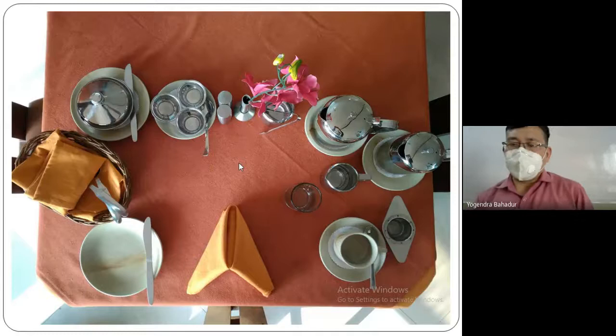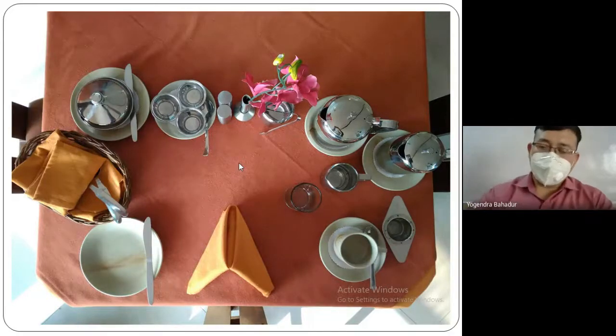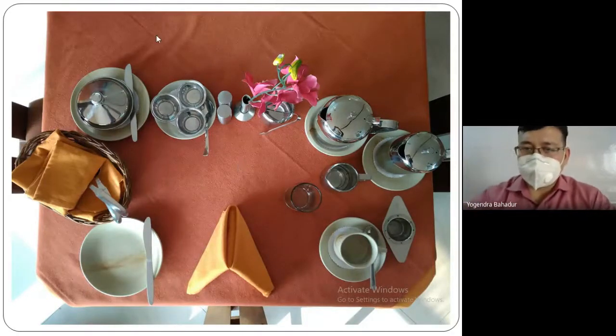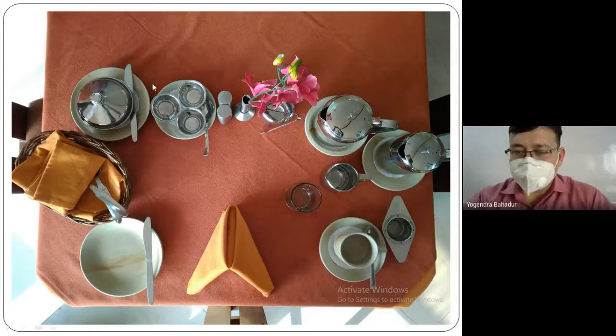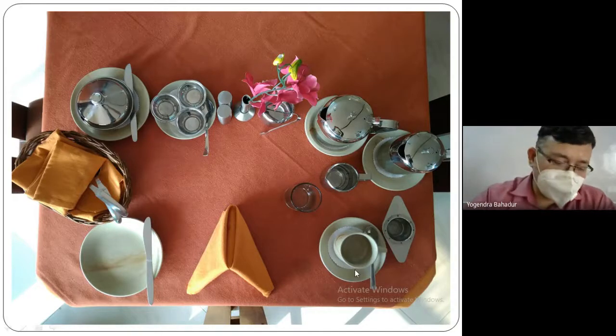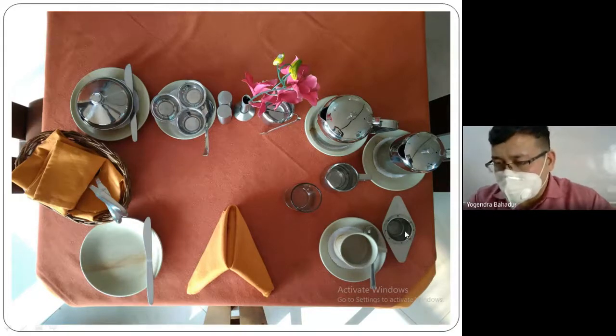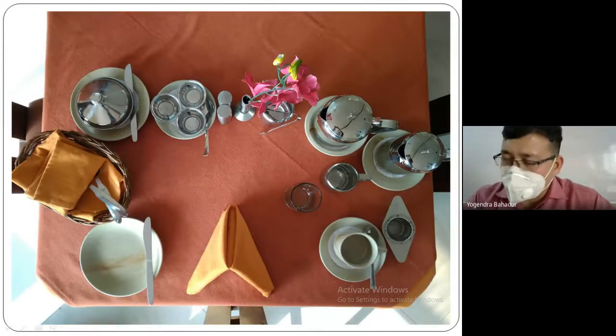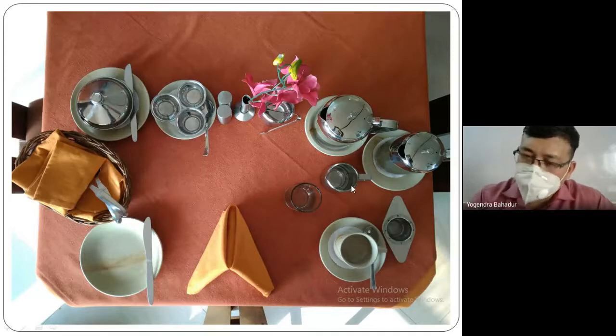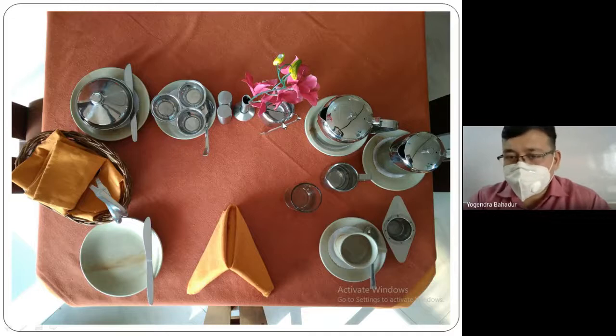So here in front of you is a complete continental breakfast cover. The guest can have tea or coffee. For tea or coffee, we have done all the arrangements. We have placed the cup, the tea strainer with slop basin, coffee pot, teapot, creamer, and sugar bowl with sugar tongs.